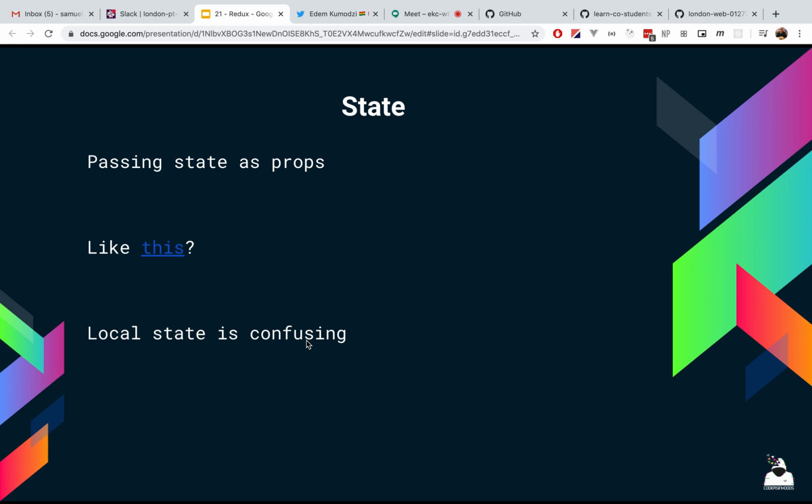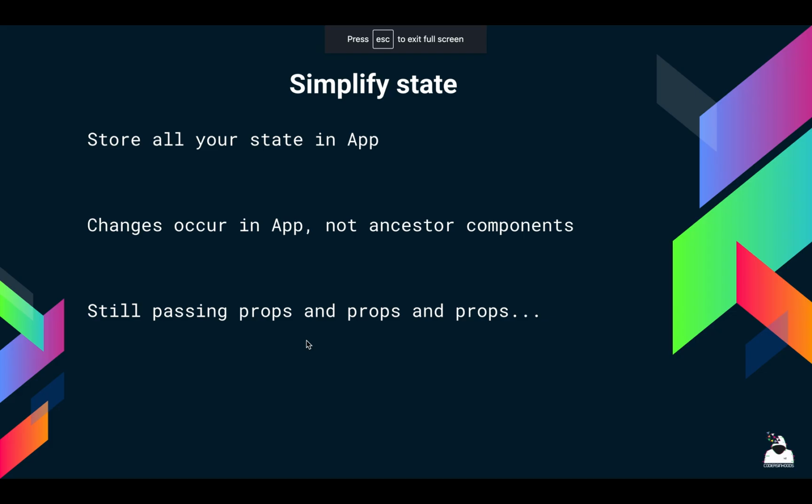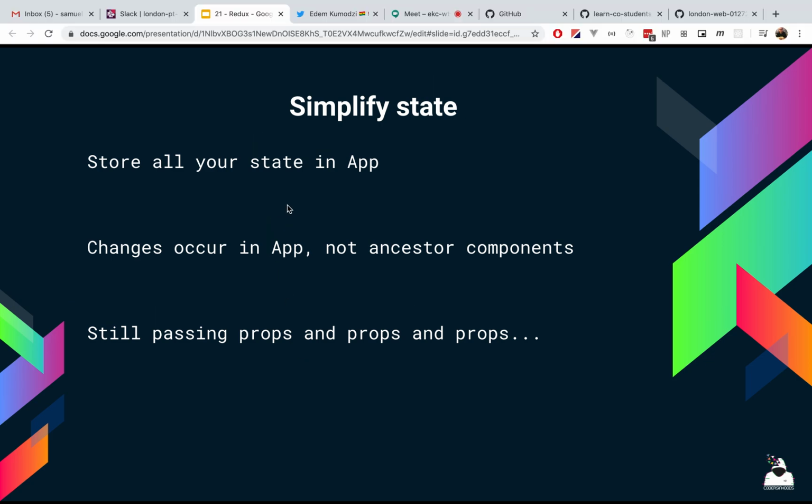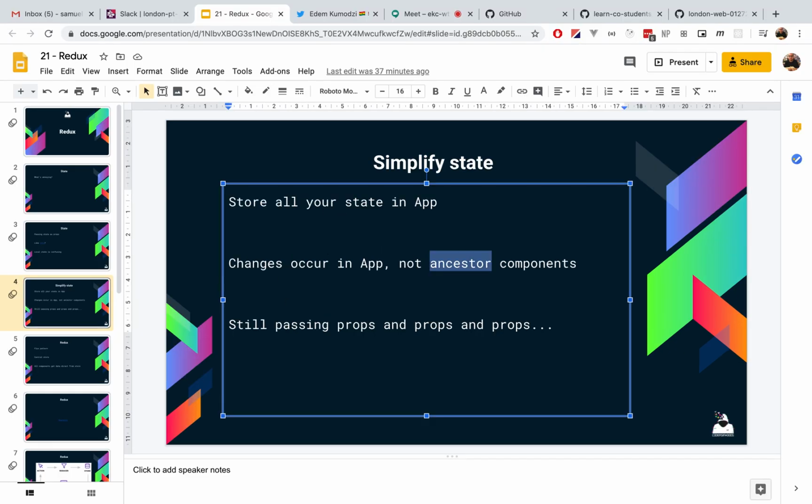So an option might be to simplify your state structure and store all of your state in app. All changes occur in app and not in descendant components. That's where I've done it once.